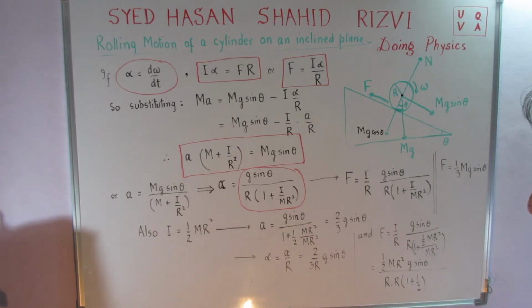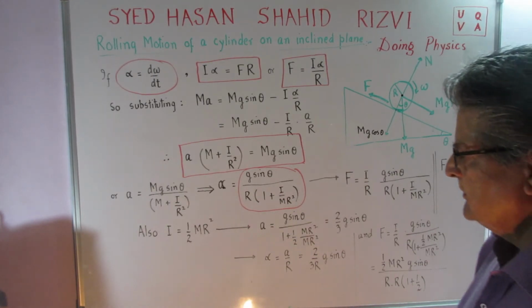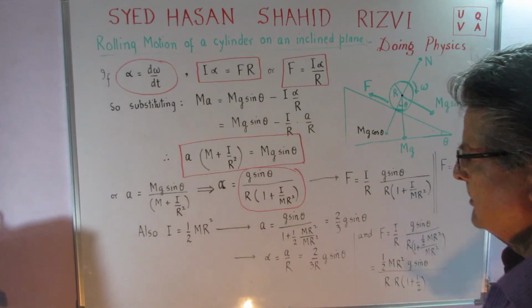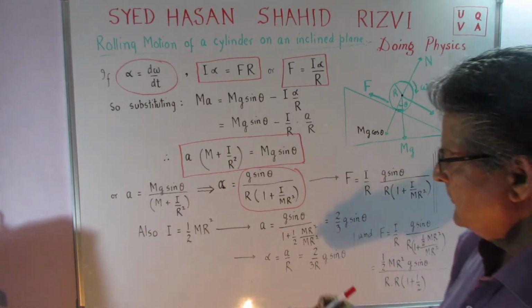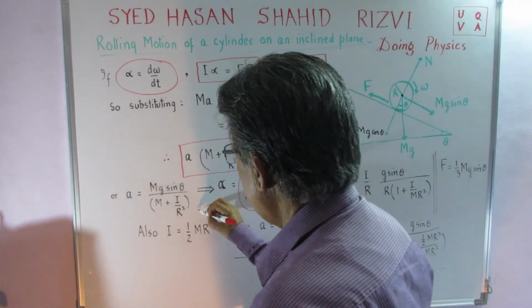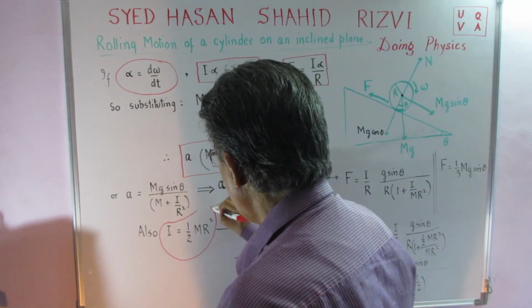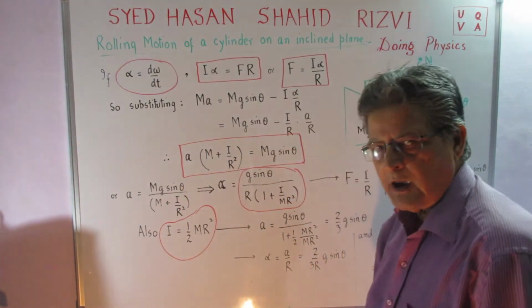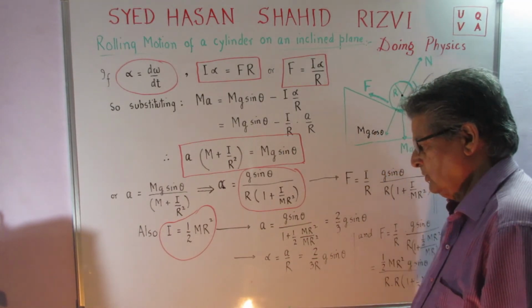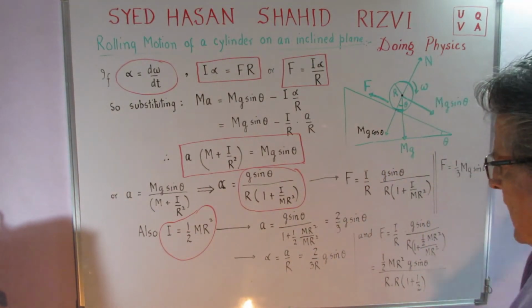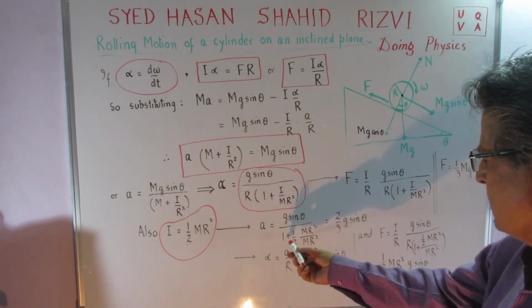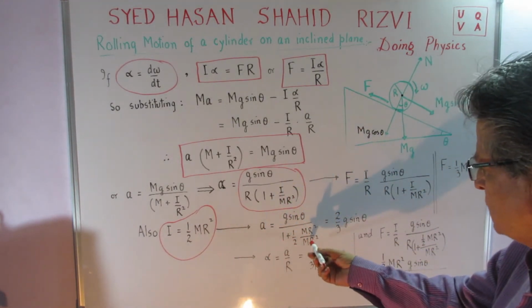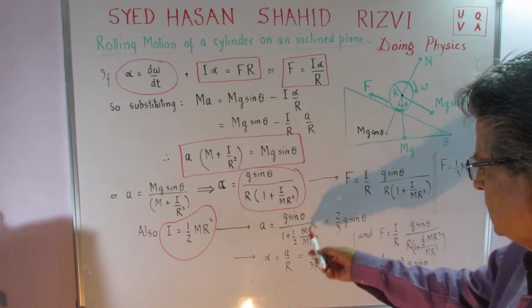Now for the given cylinder which is rolling down, we have the moment of inertia equal to half mR square. So this gives us the value of A as g sine of theta divided by 1 plus half mR square upon mR square, which cancel out.